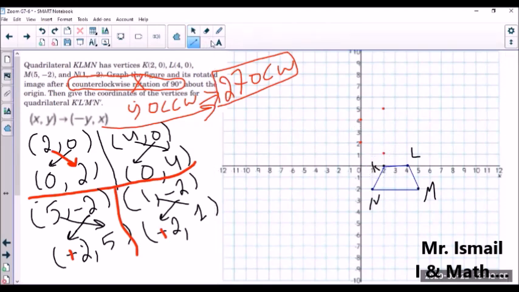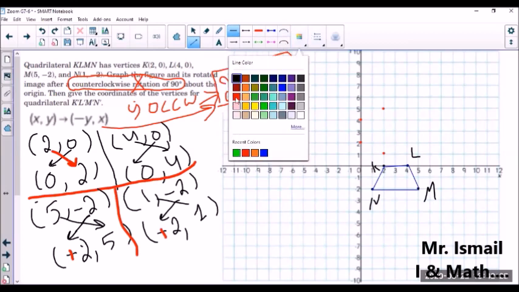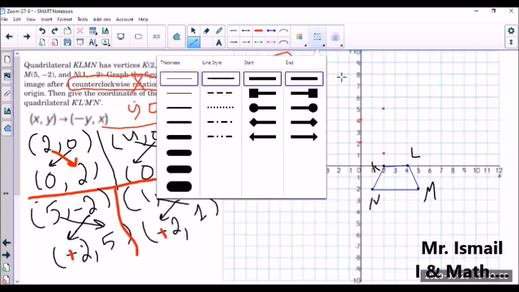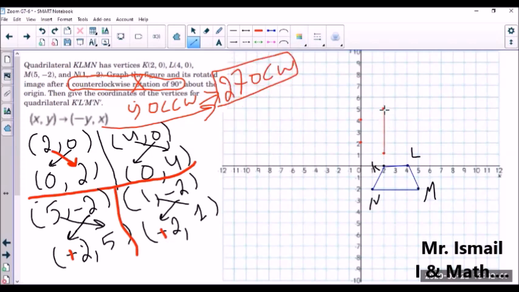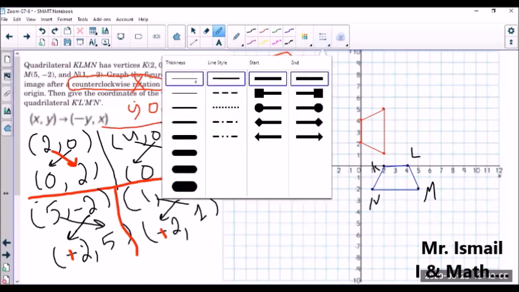So bring your ruler and draw your image. So let's put the points. The first one, 0, 2, K prime.